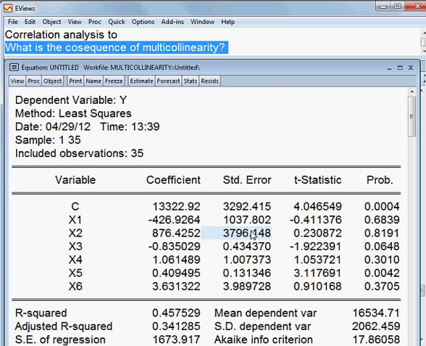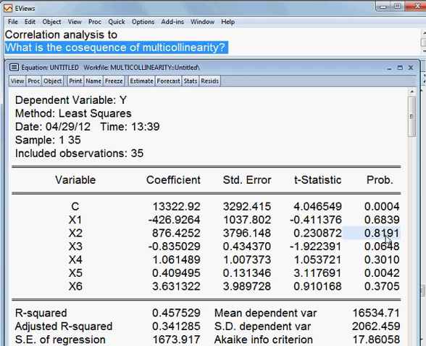If the standard error goes up, then the t value goes down, because the t value is the coefficient divided by this value. If the t value goes down, then the p value goes up.